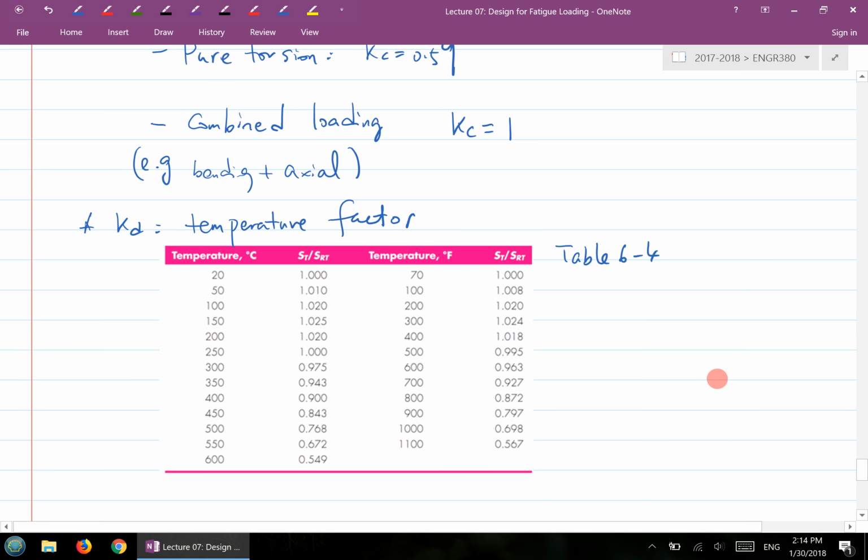If you look at the 6-4 here, basically there is a temperature reading at here, which is in the degree, and this side here is temperature in the Fahrenheit at here. Okay, yeah. And the other column here is the ratio of so-called S capital T over S RT. Okay, so the S capital T, this one here, this is the so-called tensile strength at operating temperature.